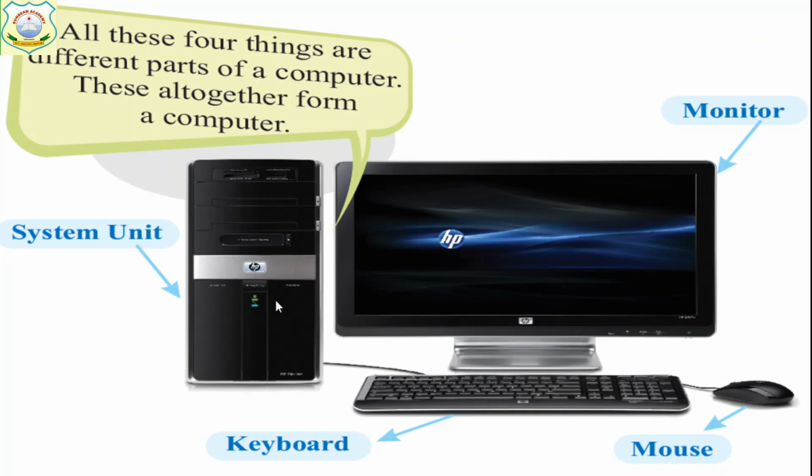And CPU is called the brain of the computer. It is also inside the system unit. So without system unit, computer is nothing. Okay, it will not work. Got it? So these are the four things that collectively called computer.